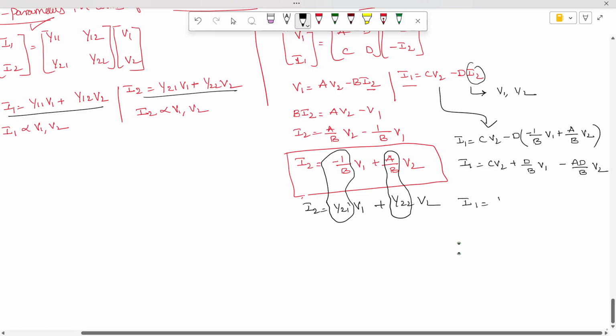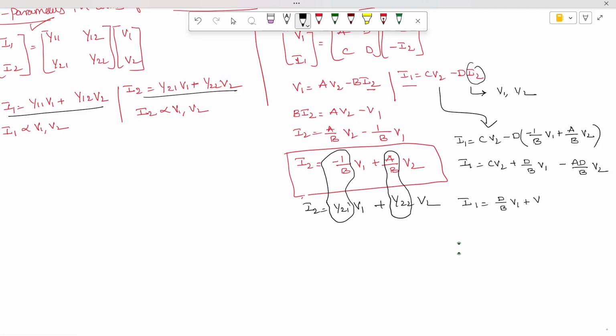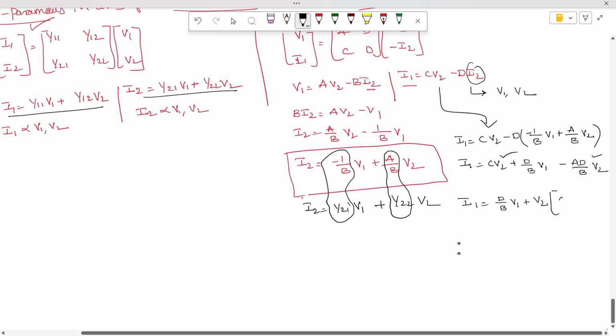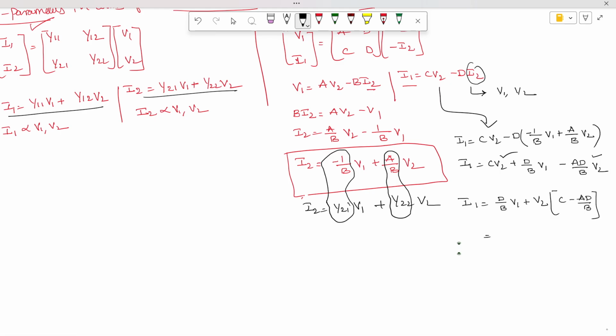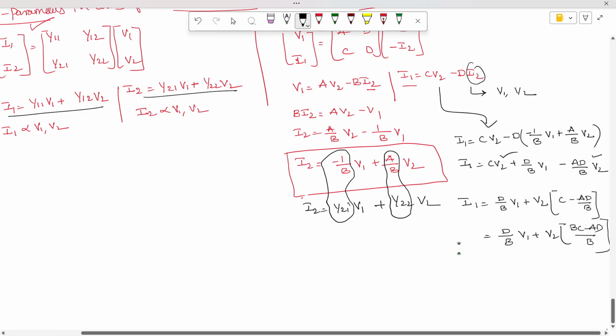I1 is equal to D by B into V1 plus V2 we have to take common in these two parameters, which is C minus A D by B, that is equal to D by B into V1 plus V2 into B C minus A D divided by B. So this is the expression of I1.